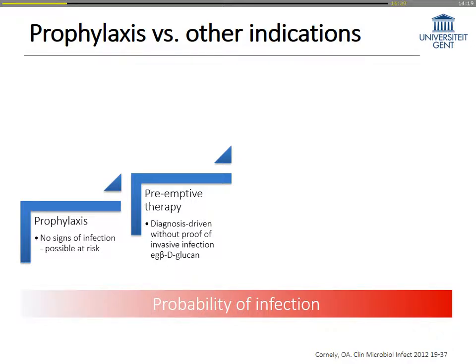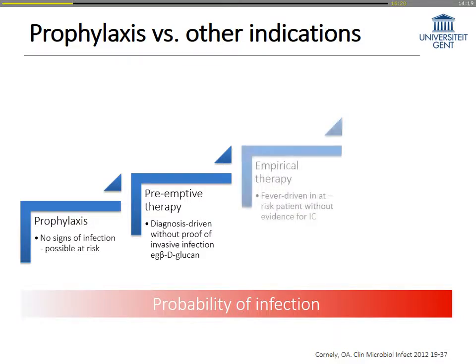Preemptive therapy can be given in patients in whom you have a diagnosis-driven treatment without proof of infection, but there's some microbiological clue, like a beta-D-glucan result, suggesting that indeed Candida is present and may be an issue.